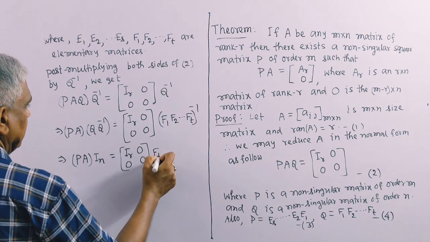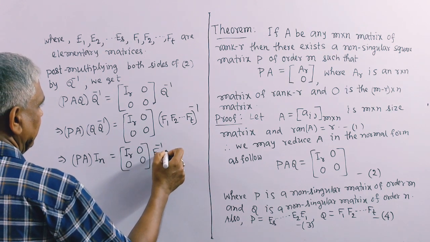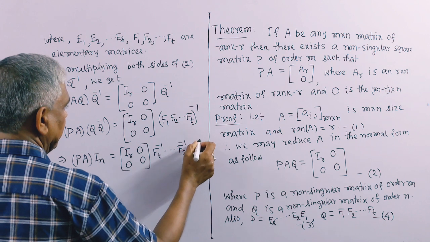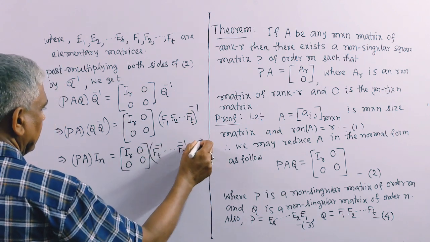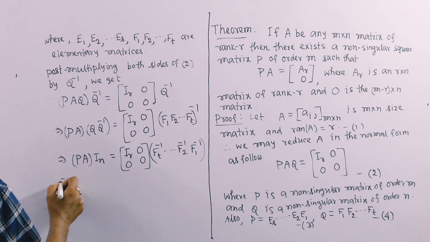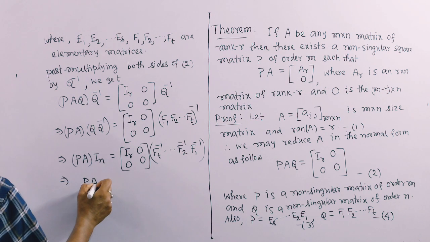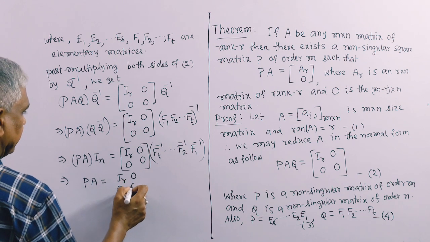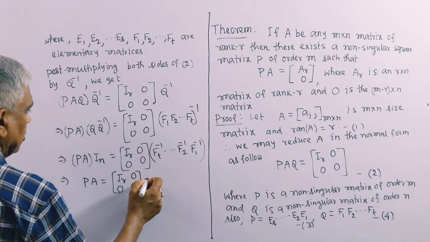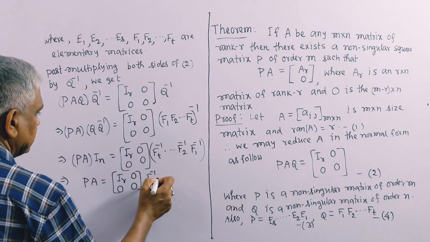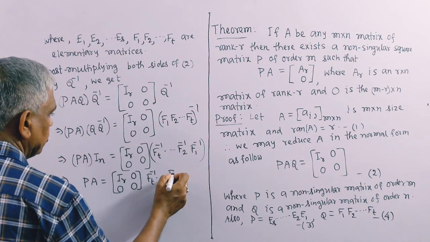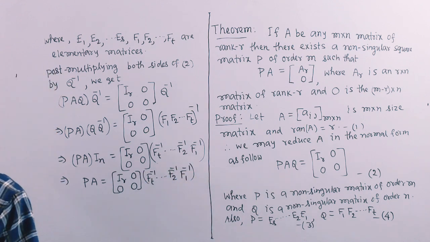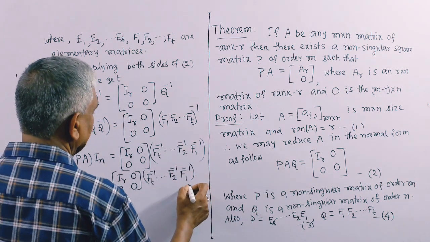Here Q inverse is Ft inverse multiplied by dot dot dot F2 inverse multiplied by F1 inverse, which implies that PA equal to the matrix IR, 0, 0, 0 multiplied by Ft inverse dot dot dot F2 inverse F1 inverse. Let this be number 5.